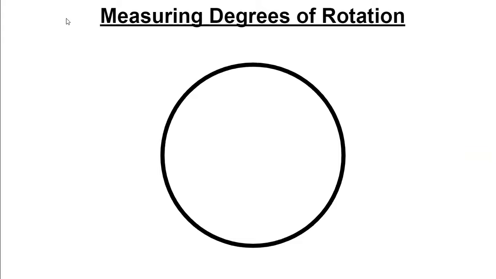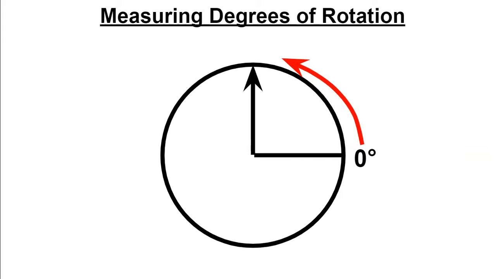Okay, measuring degrees of rotation. If I give you a circle like this, I can divide my circle into quadrants, just like the coordinate graphing is divided into 4 quadrants. So I can start here, and that would be considered 0 degrees. Now, as I go around the circle to the top, right here, I have gone 90 degrees.